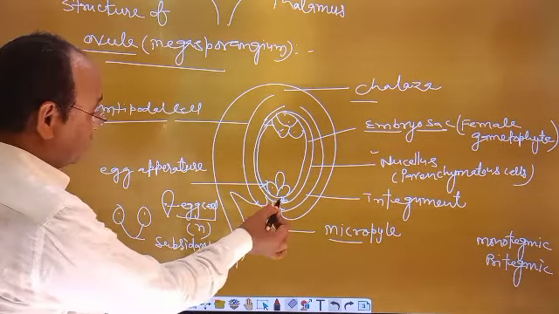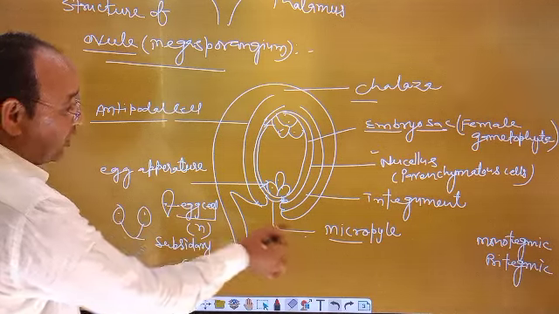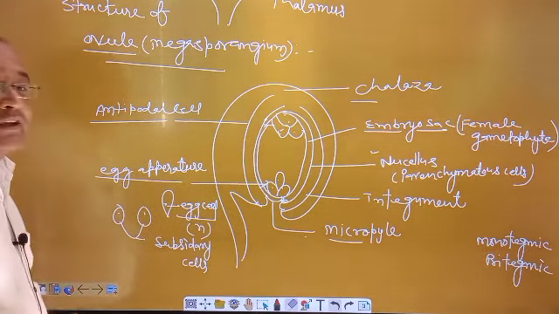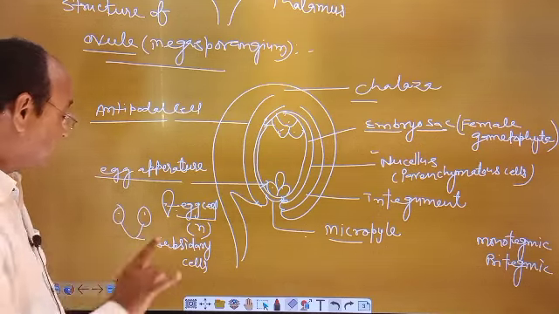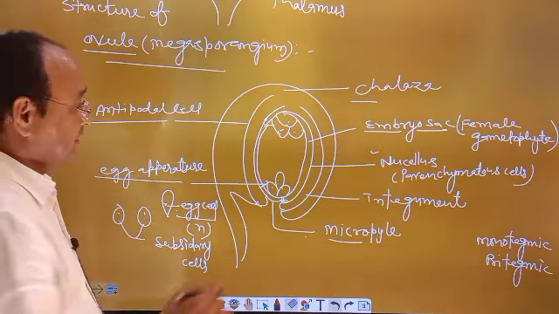So three cells are situated toward the micropyle, known as egg apparatus: one egg cell which acts as a female gamete and two subsidiary cells.